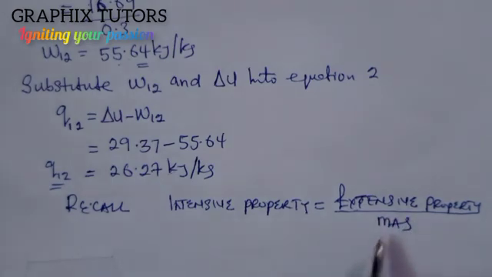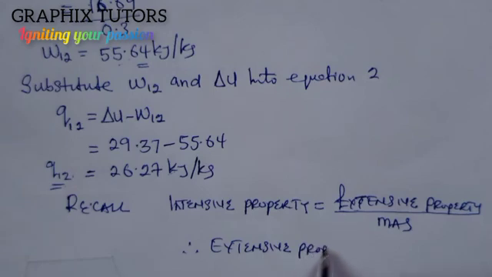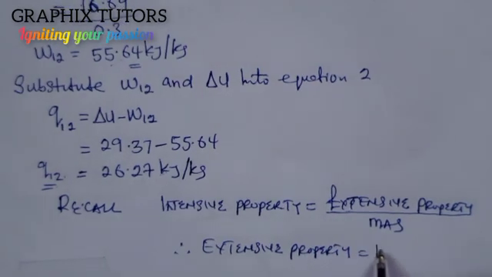So to put it in extensive form, just in kilojoule, we cross multiply. Therefore, my extensive property will be the intensive property times the mass.